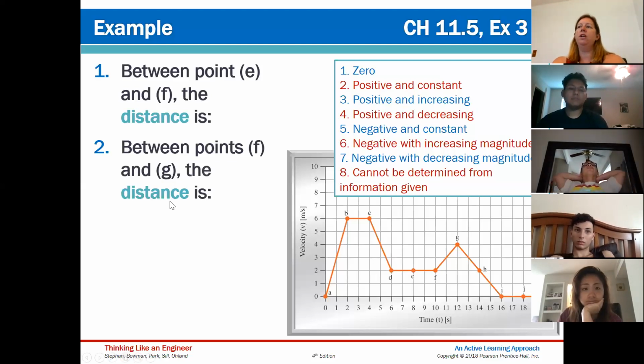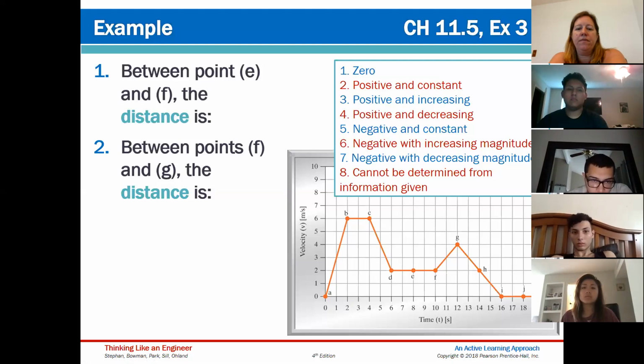Between points F and G, what is the distance? How would we describe it? Still 3, right? We're still positive and increasing. At this point now, we're increasing at an increasing trend.